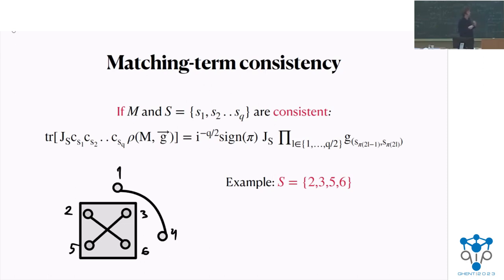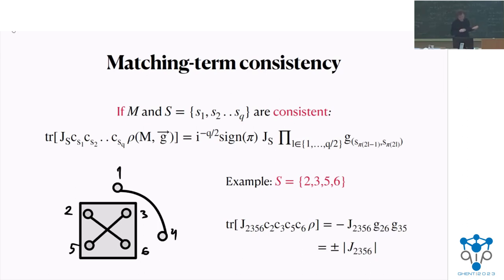I'll say that a term in the Hamiltonian, this square here, for example, and a matching are consistent if the induced matching, or let's say the subgraph of this matching induced on the vertices spanned by this interaction, is itself a perfect matching of that interaction, right? So in this case, there are no lines going outside of this interaction, so this matching and this term are consistent.